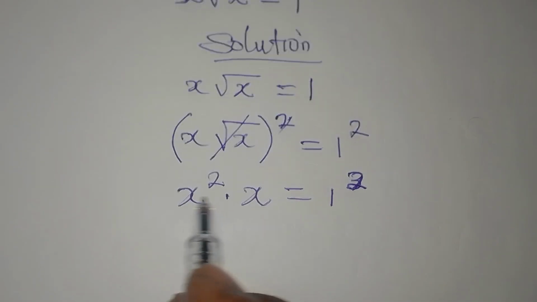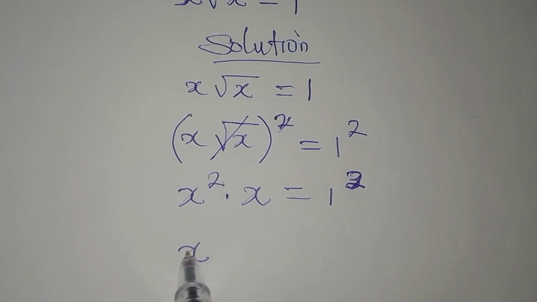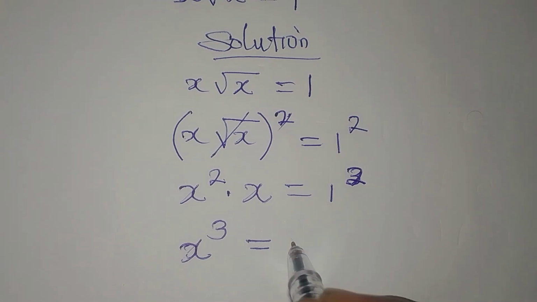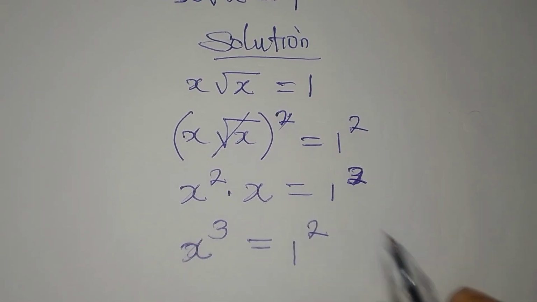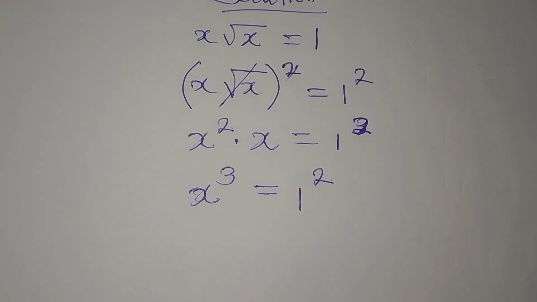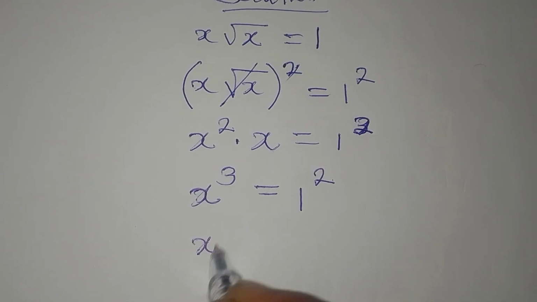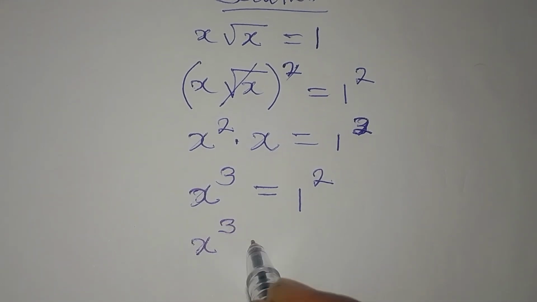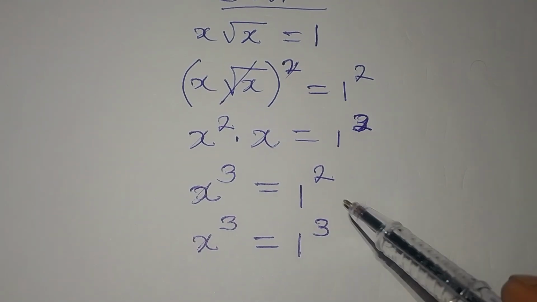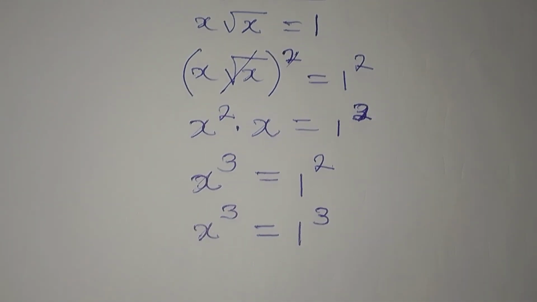Now, if you multiply these two, you're having x to the power of 3, and it's equal to 1 to the power of 2. But now, 1 to the power of 2 is the same thing as 1 to the power of 3. So let's still write this as x to the power of 3 being equal to 1 to the power of 3, since these two are the same.